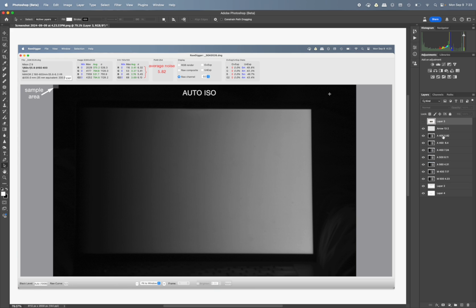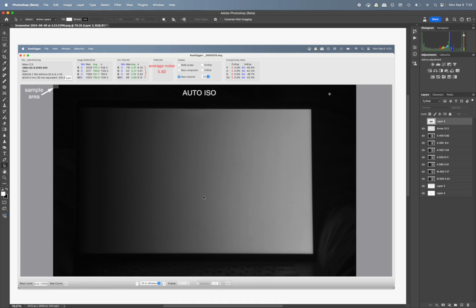And then again with ISO 500, fixed white balance, fixed focus, fixed light levels, manual exposure. The only variable was the ISO changing.